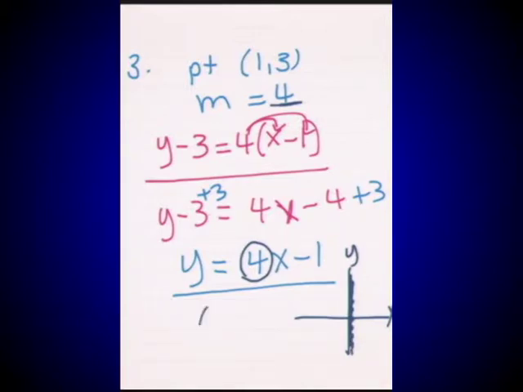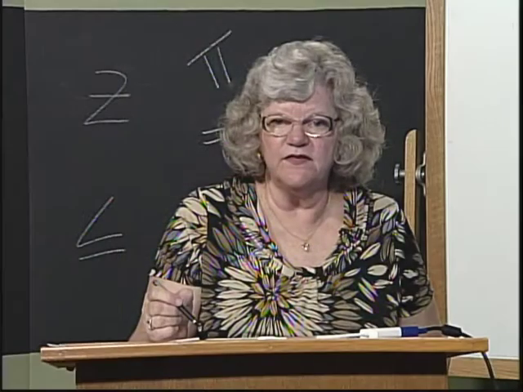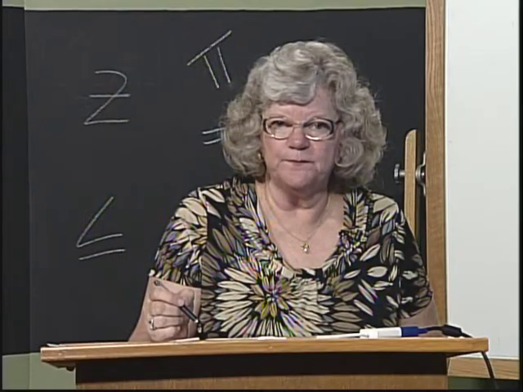Notice if I plug in 0 for x, and do the arithmetic, I get -1 for y. If I graph that point, it is actually on the y-axis right there, isn't it? So we can read -1 as the y of the y-intercept, and we can read 4 as the slope very easily in that form. That's why we call it the slope intercept form.